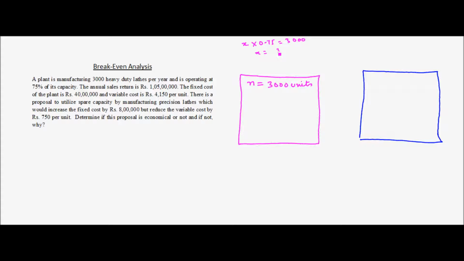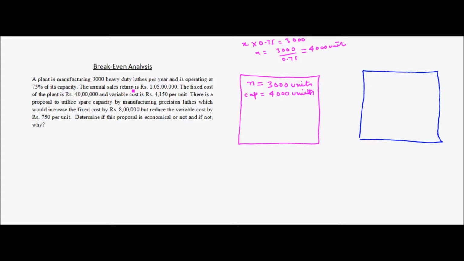So X is equal to 3,000 divided by 0.75 and this is equal to 4,000 units. So here we can say the overall capacity is 4,000 units.